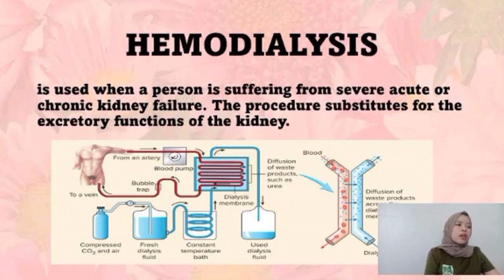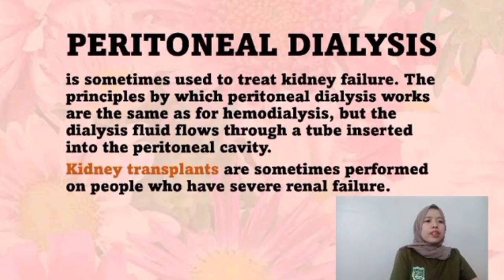As a consequence, the metabolic wastes diffuse from the blood to the dialysis fluid. The dialysis membrane has pores that are too small to allow plasma protein to pass through them. And because the dialysis fluid contains the same beneficial solute as the plasma, the net movement of these substances is zero.